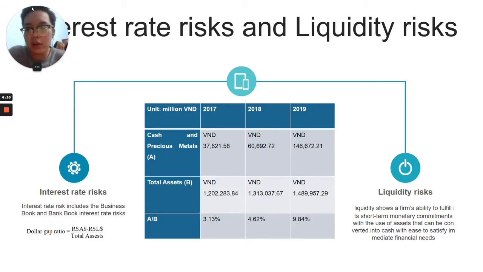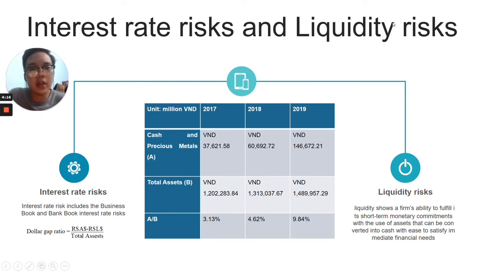And now we come to the interest rate risk and liquidity risk, represented by the dollar gap ratio. As you can see, the percentage of cash and precious metal divided by total assets increases each year from 2017 to 2019.